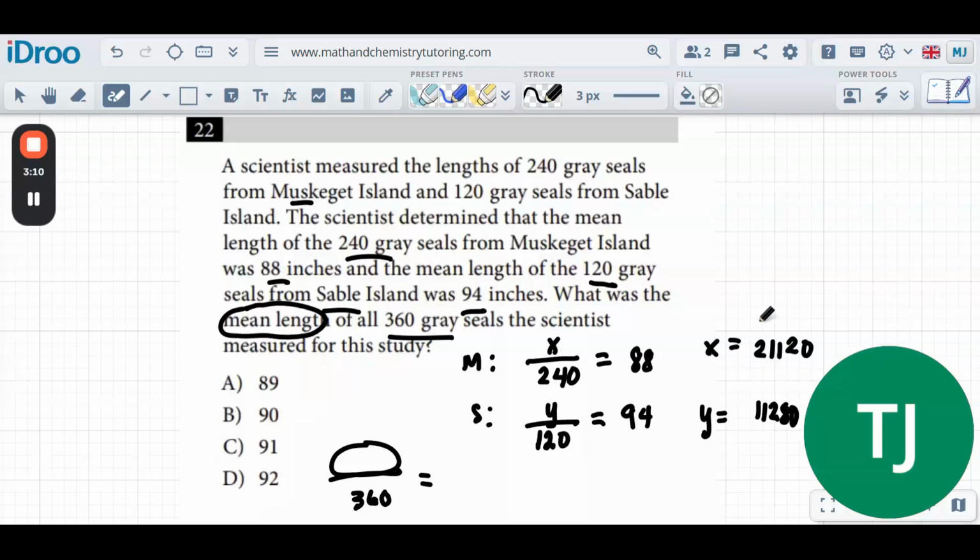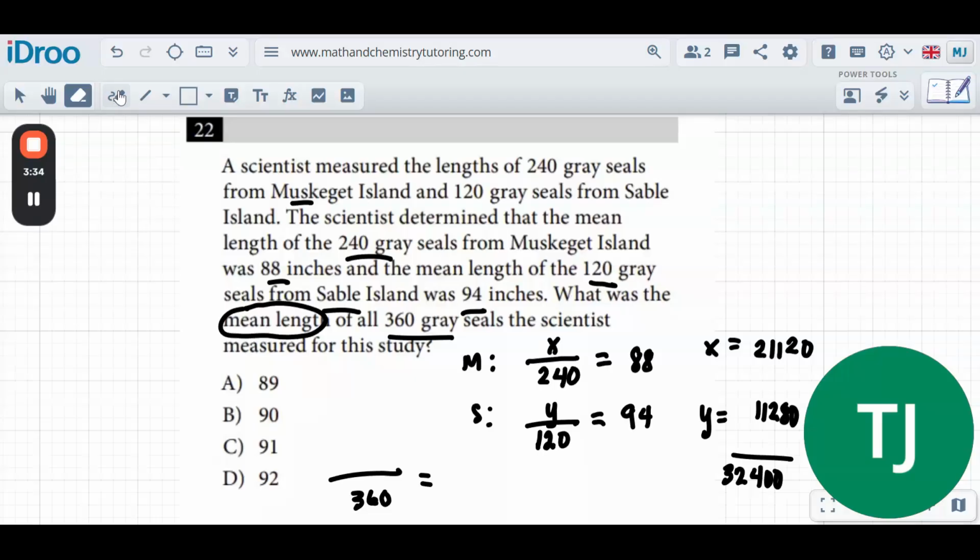So that is the total length from the Muskeget, and this is the total length from Sable. We can add those together: 21,120 plus 11,280 gives us 32,400. That is the total of the measurements out of the 360 gray seals from Muskeget and Sable Island.